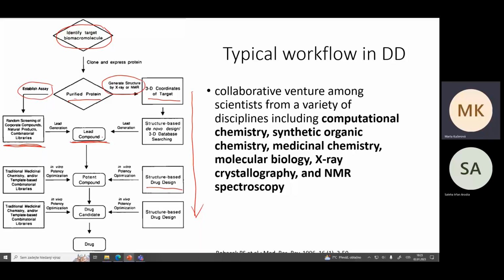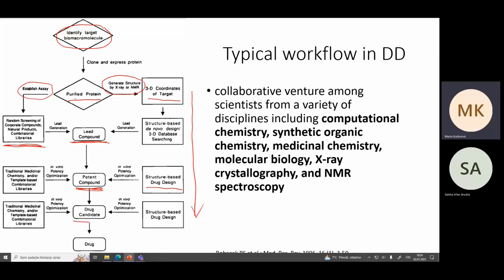The lead compound usually doesn't have a chance to become a drug, but it requires structural optimization to get very potent compounds. So we need to increase the activity, increase the selectivity, optimize pharmacokinetic properties, and so on.